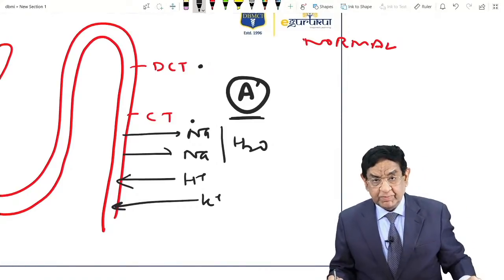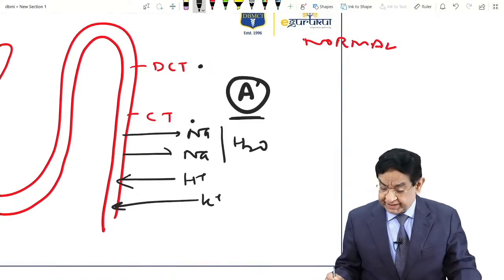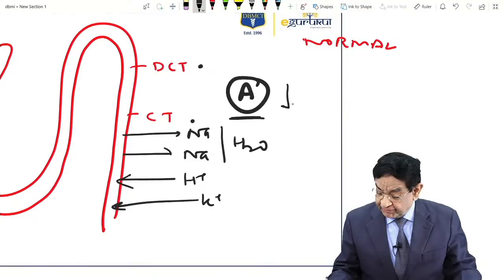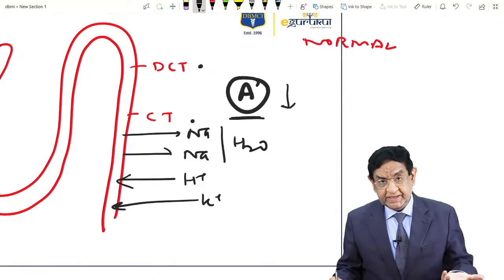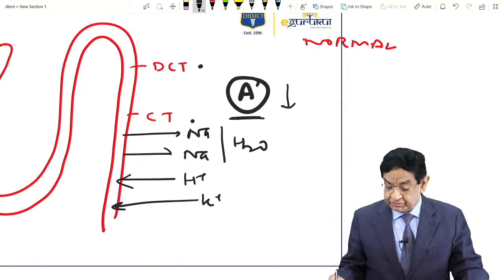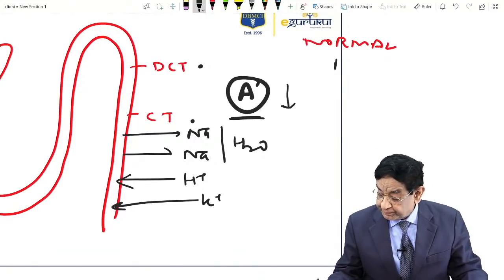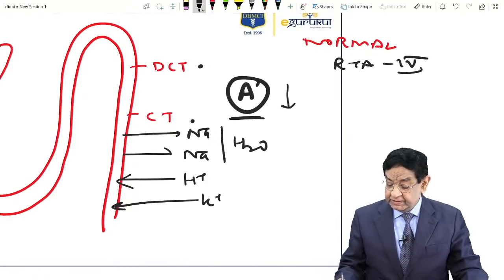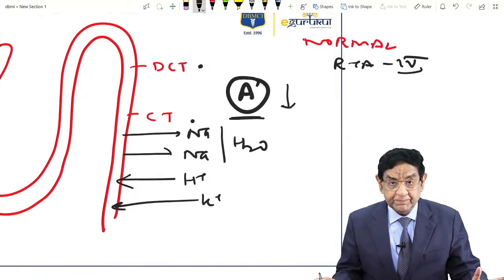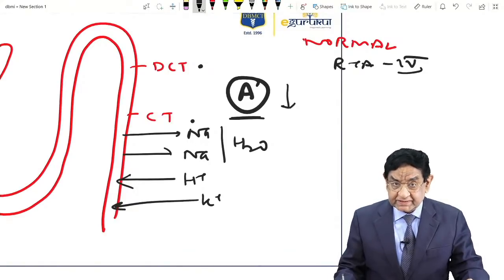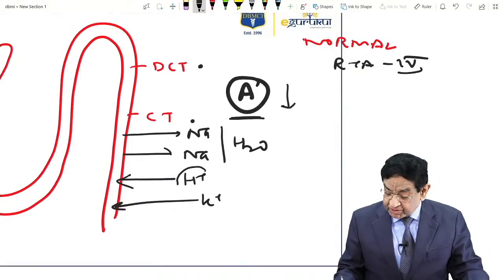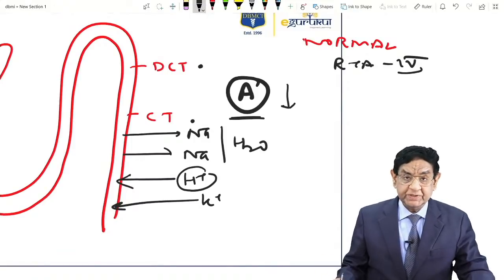This happens normally. Now in type 4 RTA, the level of aldosterone is reduced. So definitely, if the level of aldosterone is reduced in RTA type 4, less sodium will be absorbed. Less sodium absorbed means less H ion will go out.